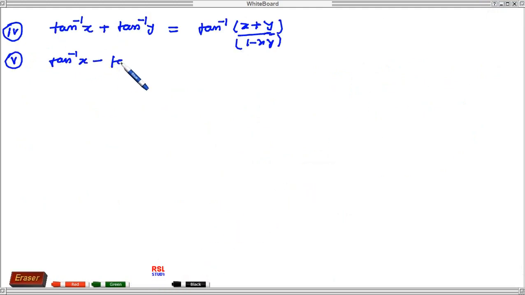The fourth formula is tan inverse x plus tan inverse y equals tan inverse of (x plus y) by (1 minus xy), and tan inverse x minus tan inverse y equals tan inverse of (x minus y) by (1 plus xy).